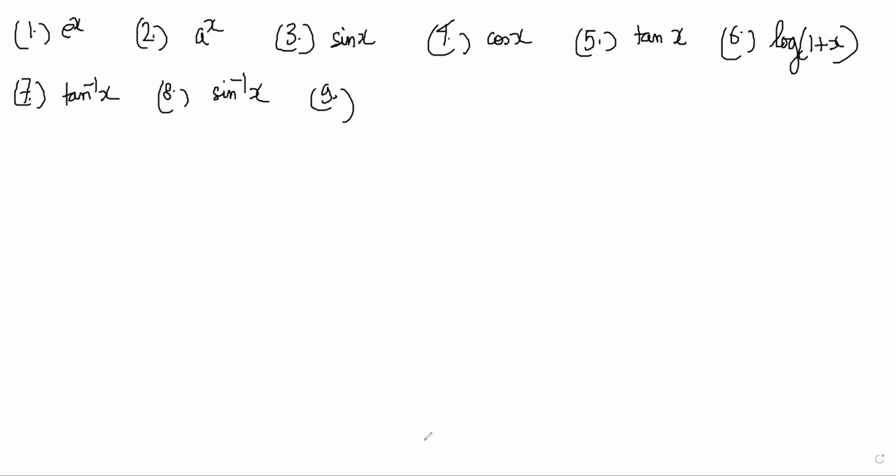Then they have also given cosec inverse x for some reason, I don't know why, and sec inverse x, and the 10th one is the binomial series, 1 plus x power n, right?